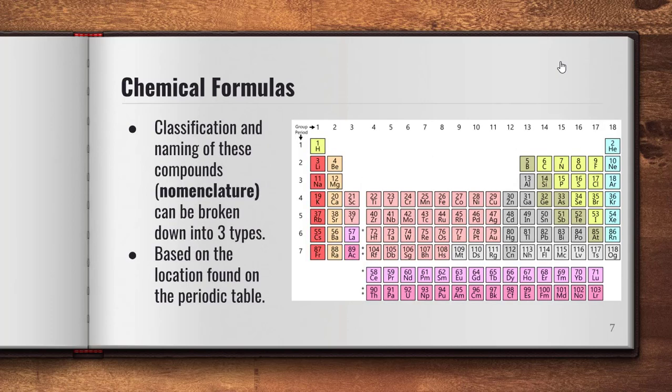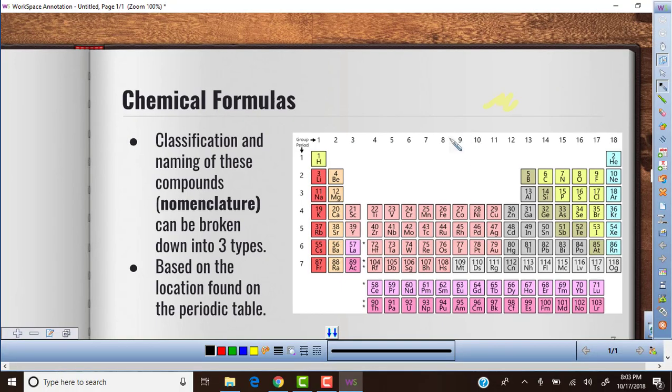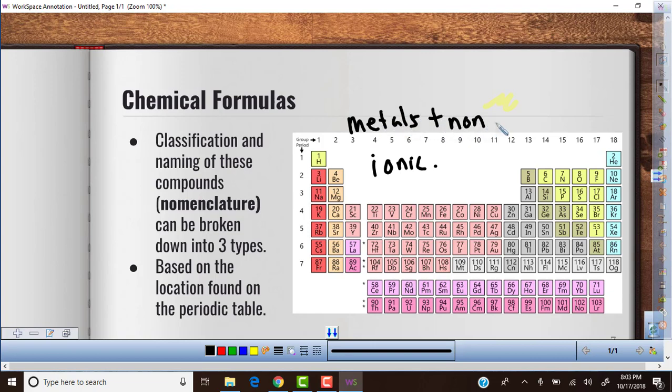Now, classification and naming of these compounds is known as nomenclature, and they can really be broken down into 3 types. We're going to talk about type 1, type 2, and type 3. Type 1 nomenclature is as follows. With type 1 nomenclature, we're only going to deal with compounds that are ionically bonded. So we're dealing with ionic compounds, and what we're looking at is metals chemically bonded with non-metals.